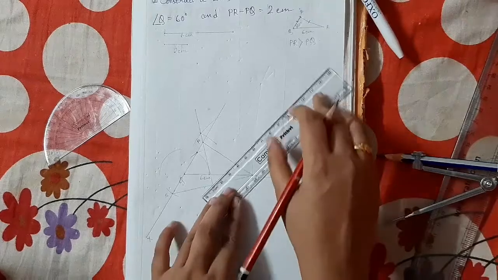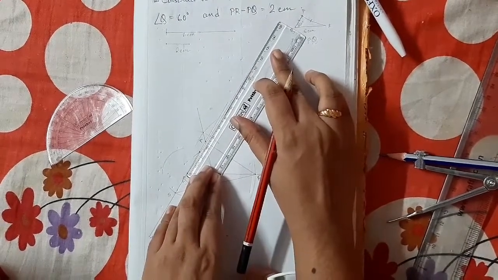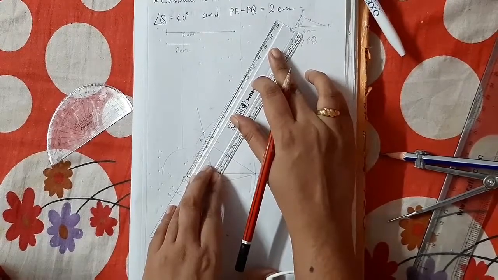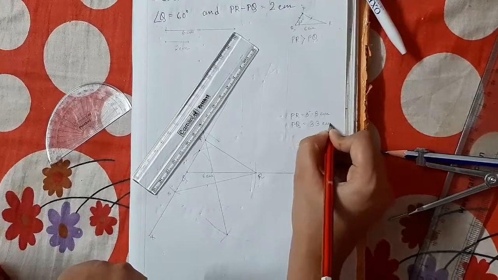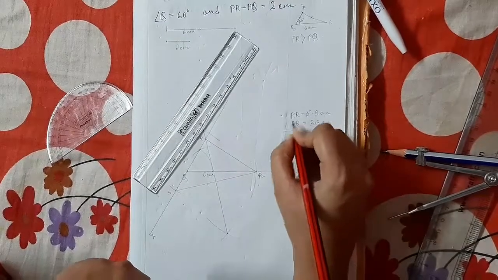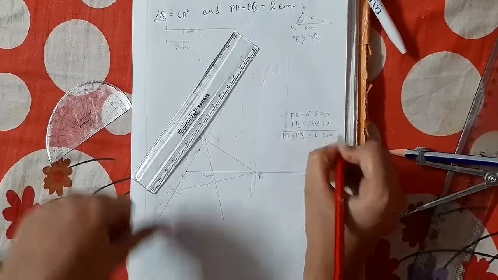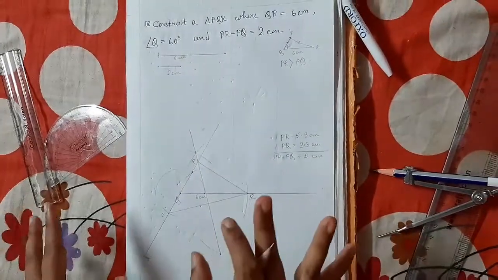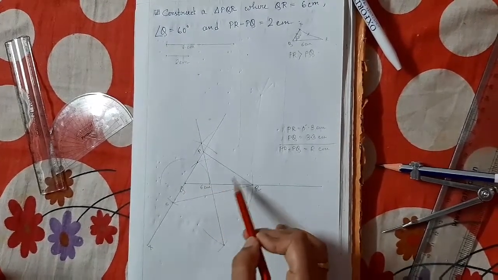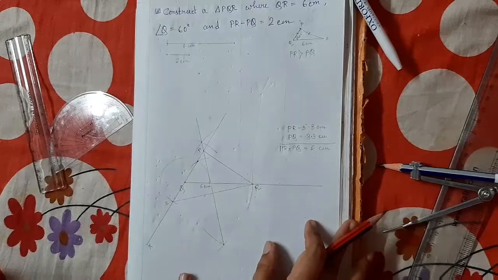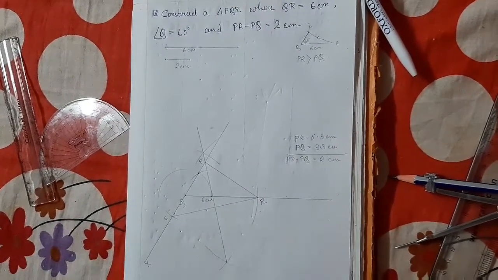Now I will check the measurement of PQ. PQ is 3.3. If you subtract PQ from PR, PR minus PQ becomes 2 centimeter. That means our construction is absolutely correct. This PQR is our required triangle. In this way you have to construct triangle PQR in your maths copy.